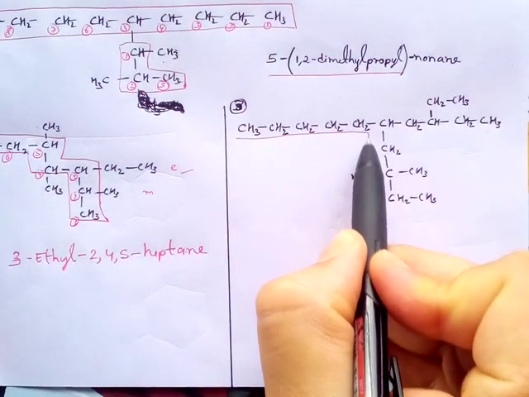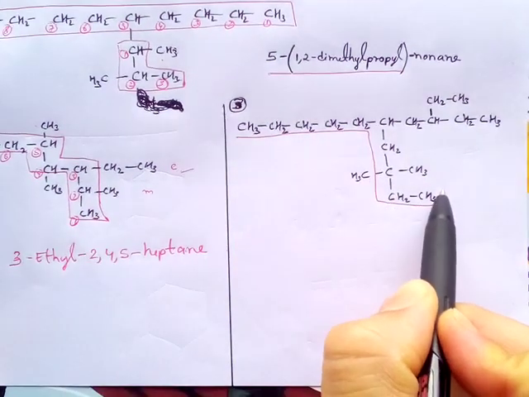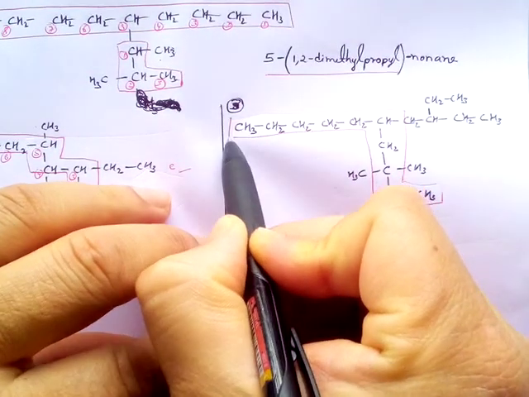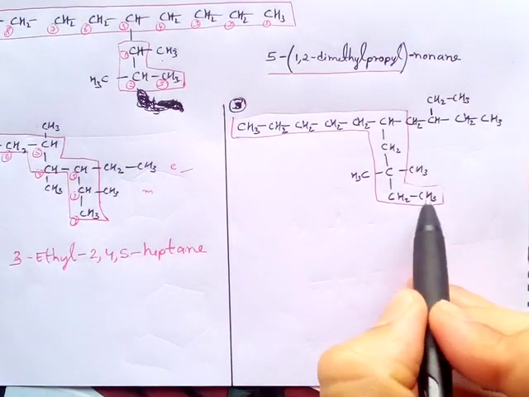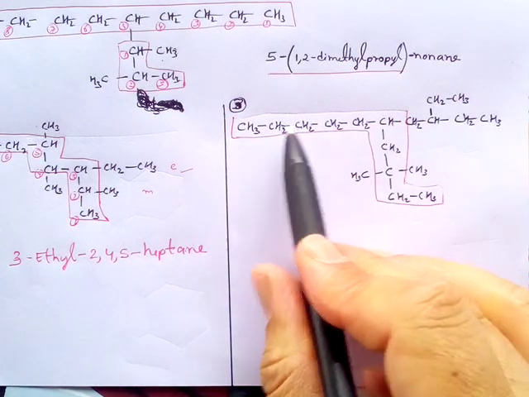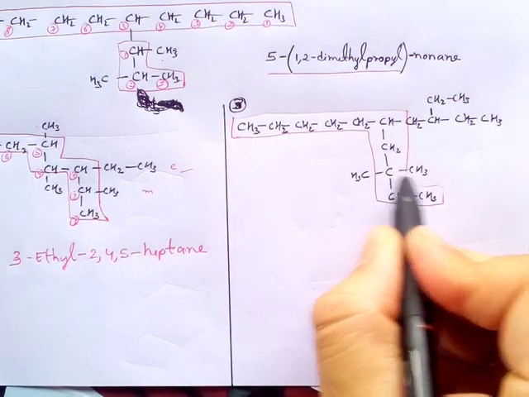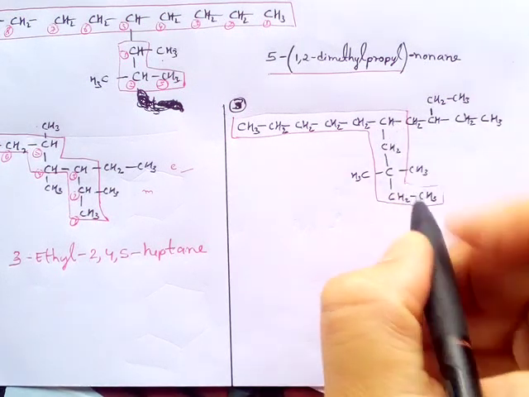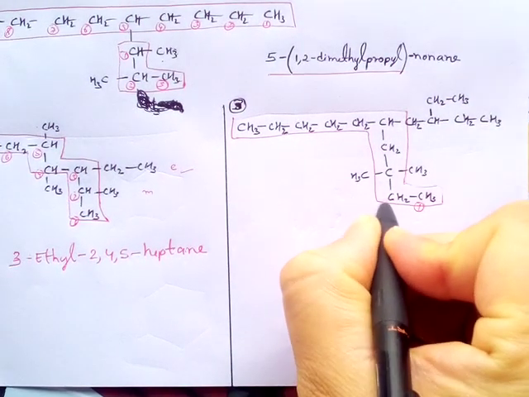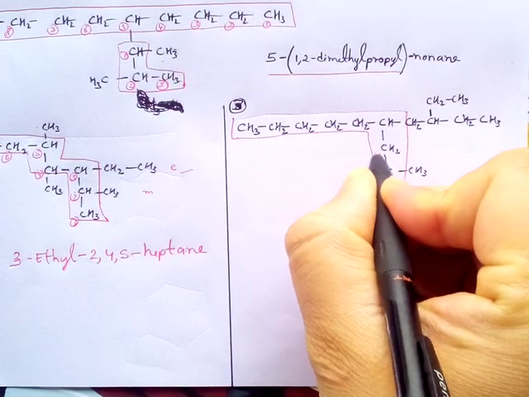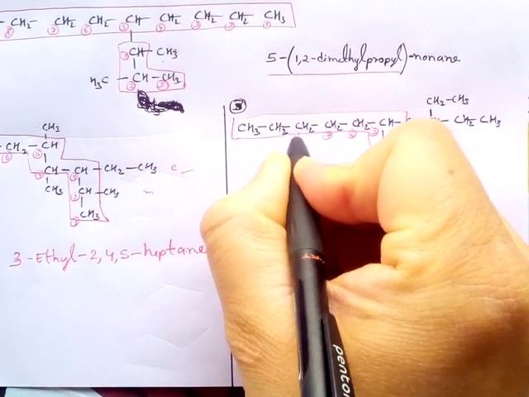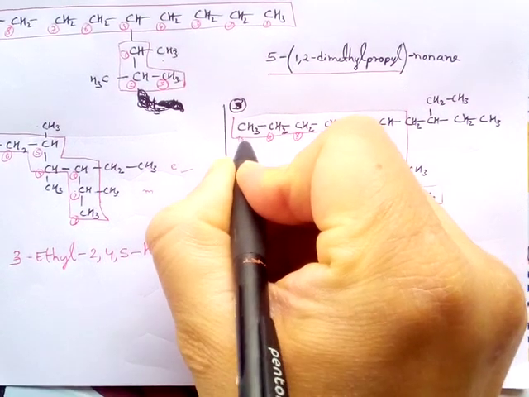Obviously you have to choose this one, because it has the maximum number of branches. So 1 2 3, you are getting the branch 2 methyl, and 4 5, at 5 position. I'll just number it 1 2 3 4 5 6 7 8 9 10.